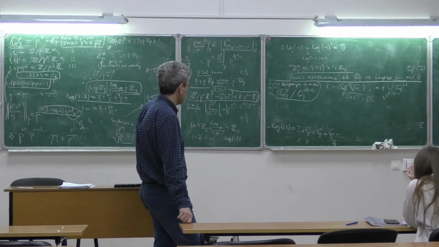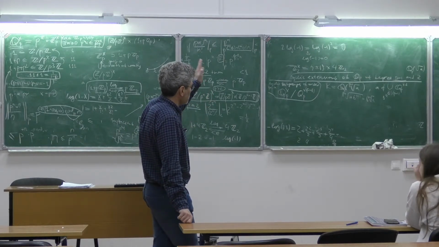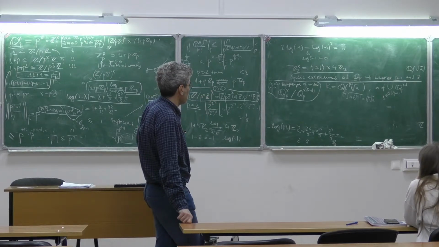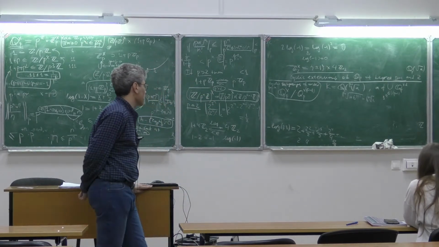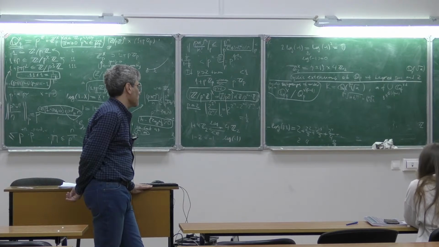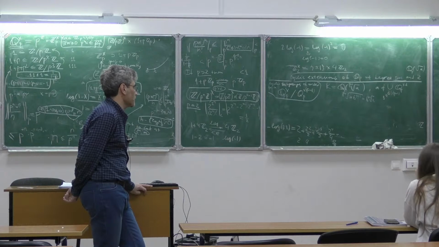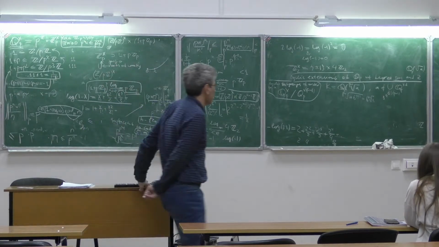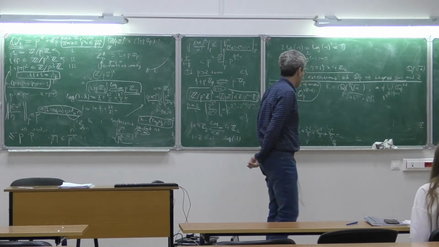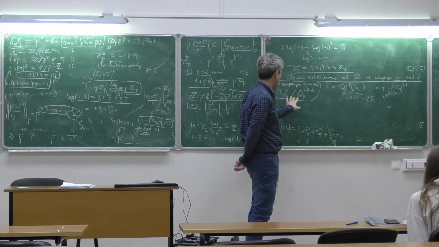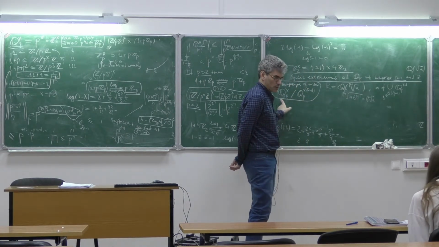You see that you consider the multiplicative group of the field of p-adic numbers, and consider its quotient by p minus first powers. Because you see that, of course, this will be the same element in the quotient.